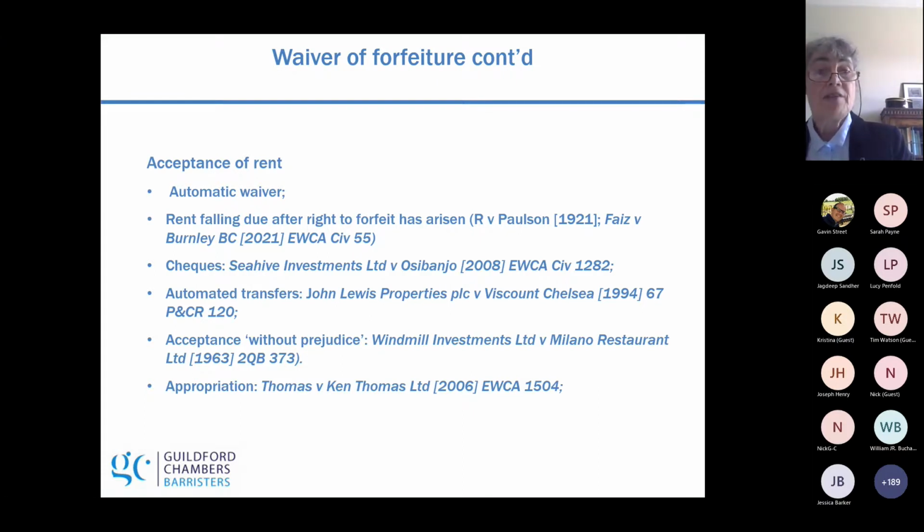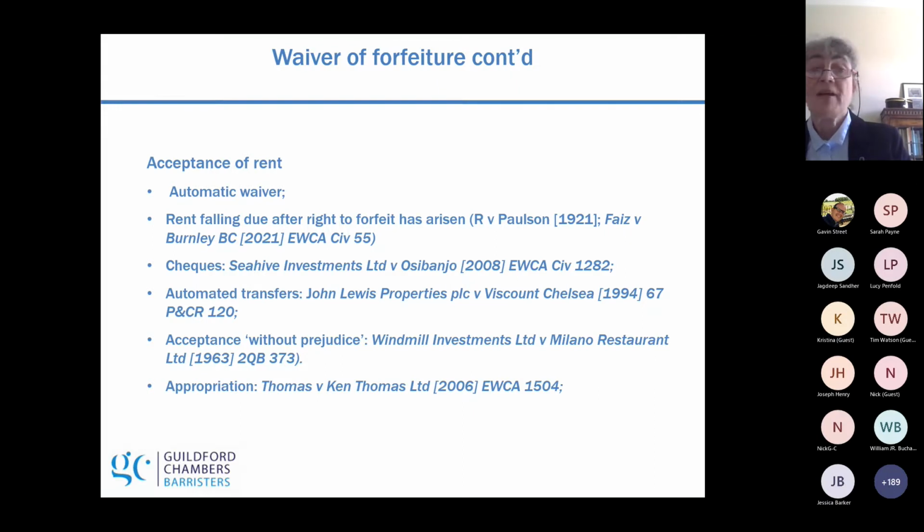In Seahive Investments Limited and Osibanjo, the tenant sent a £10,000 cheque partly for arrears and partly to settle a bankruptcy debt. The landlord processed the cheque and then kept the bankruptcy amount but returned the arrears. The Court of Appeal said that processing was evidence of the payment, but for a waiver it had to be shown that the payment had been accepted by the landlord as rent, and it had not.